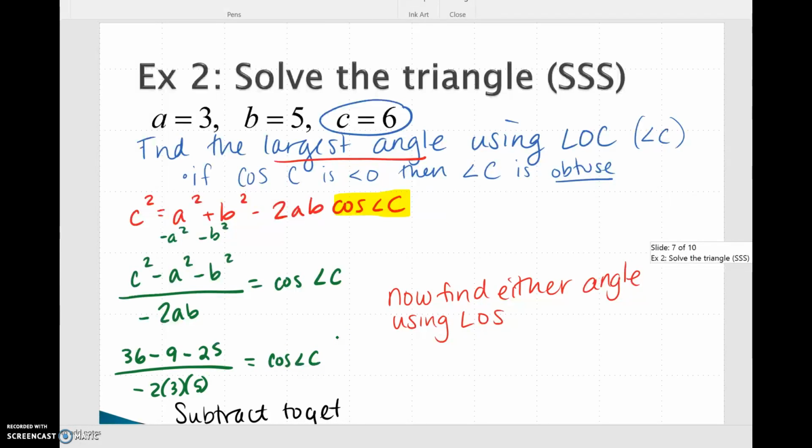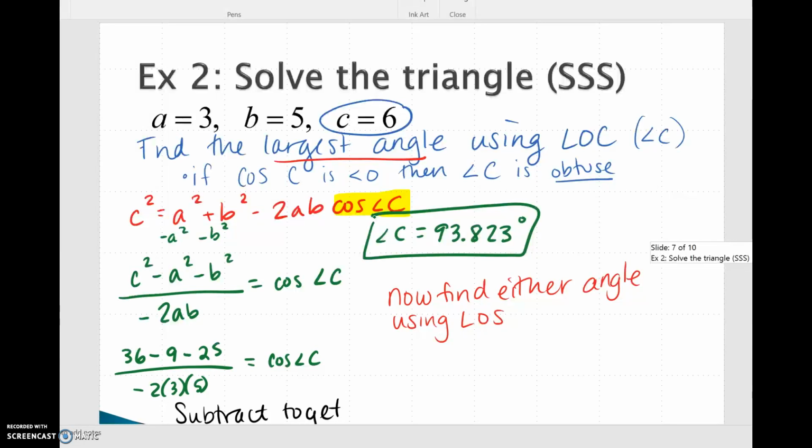And let's go ahead and type this in. And then you want to do your cosine inverse. And we end up getting that angle C is equal to 93.823 degrees with rounding.